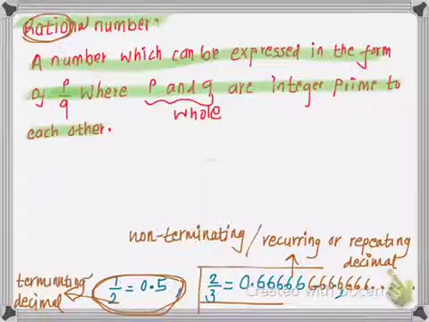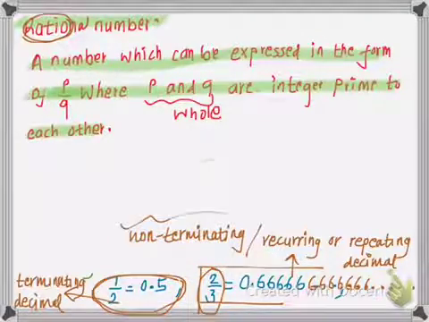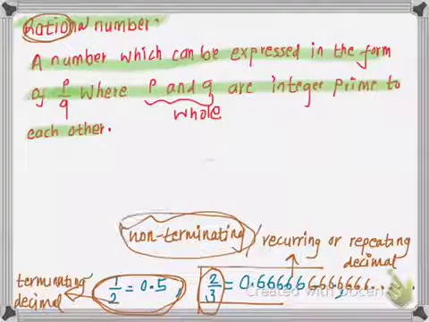So we can say that 2 by 3 is a rational number, as the decimal is non-terminating, meaning it never ends, and recurring means the pattern 6 is repeated after another 6. As it satisfies the property of rational numbers, 2 by 3 is called a rational number.